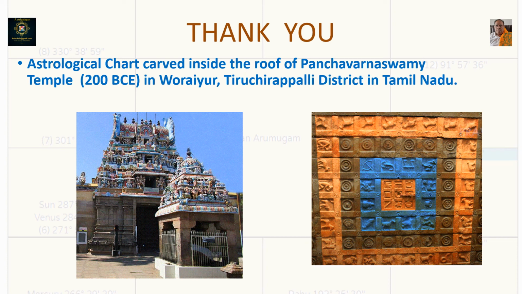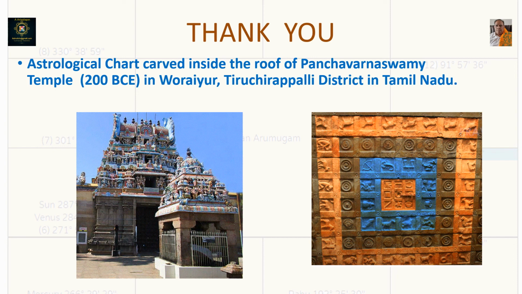And this slide shows the astrological chart, which we call the horoscope, that is carved inside the roof of Panchavarna Swami temple in Urayur, Tiruchirappalli district in Tamil Nadu. Whatever you see on the right hand side is the horoscope.